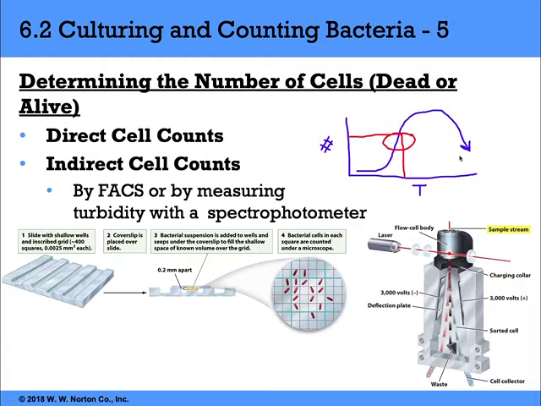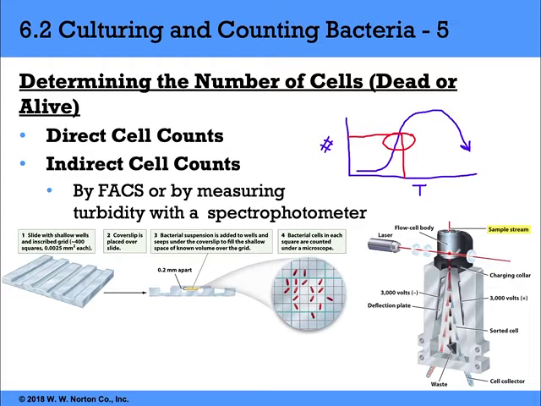What it does is count particles that have the ability to deflect a beam in a suspension, and give us a count of the number of particles that pass through from the sample stream. Again, we don't necessarily know whether the cells are alive or dead with the method we're using here.